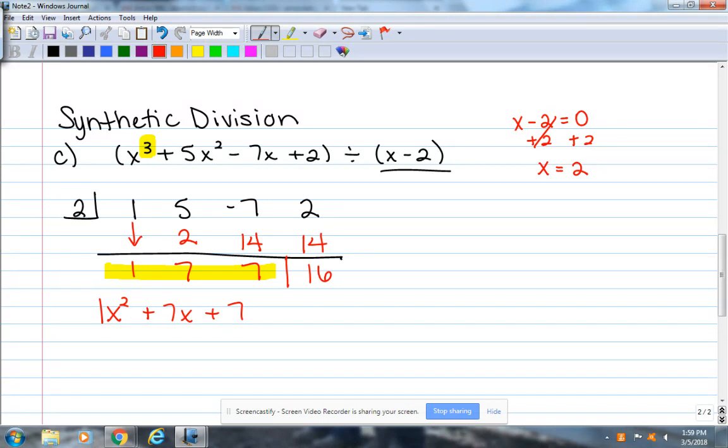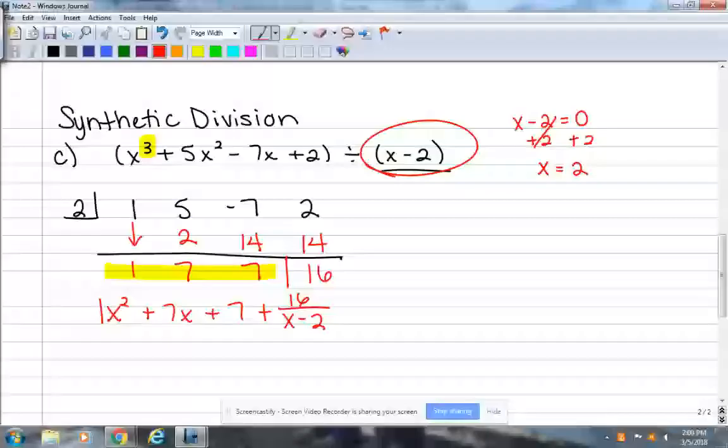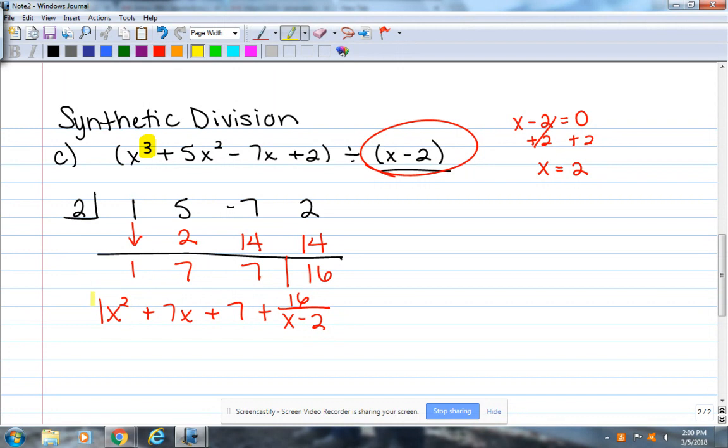These are the coefficients for your answer. We started with the third degree, so we go down to a square. Then your remainder you do like you did a while ago. That's a positive 16, so you say plus 16 over x minus 2. And that's your answer.